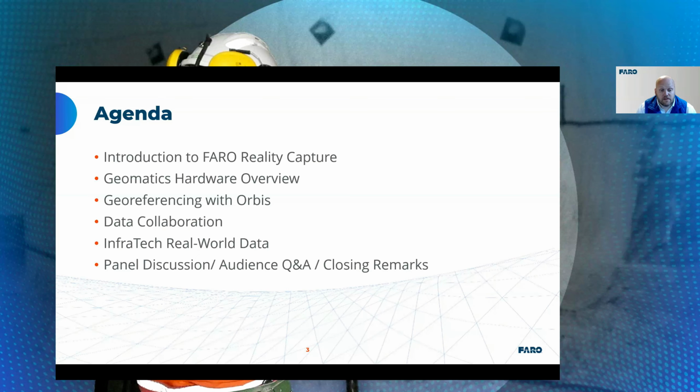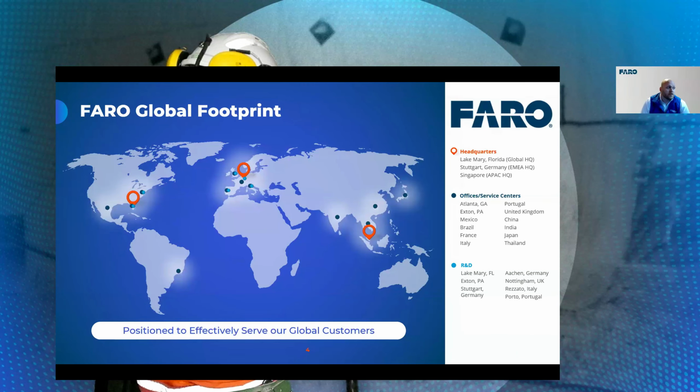Perfect. Thanks, Dave, and thank you, everyone, for joining us here. Before we get going, let's talk about FARO as a whole, so you have a better understanding. FARO was founded in 1981. Its primary focus is providing 3D measurement, imaging and realization solutions.